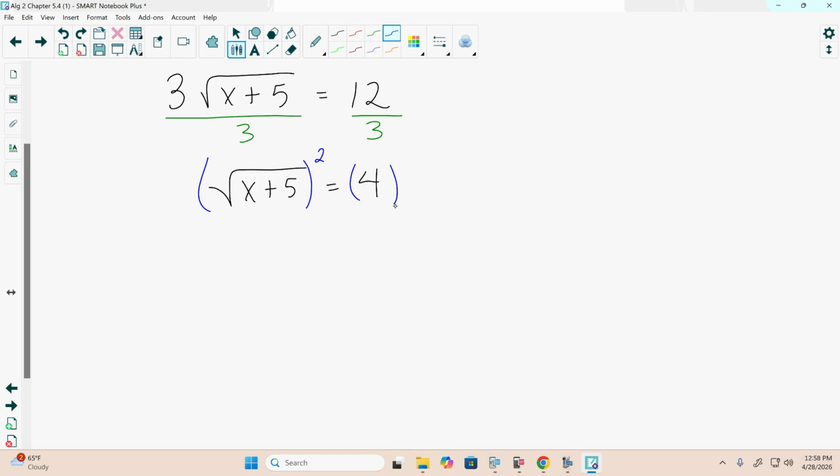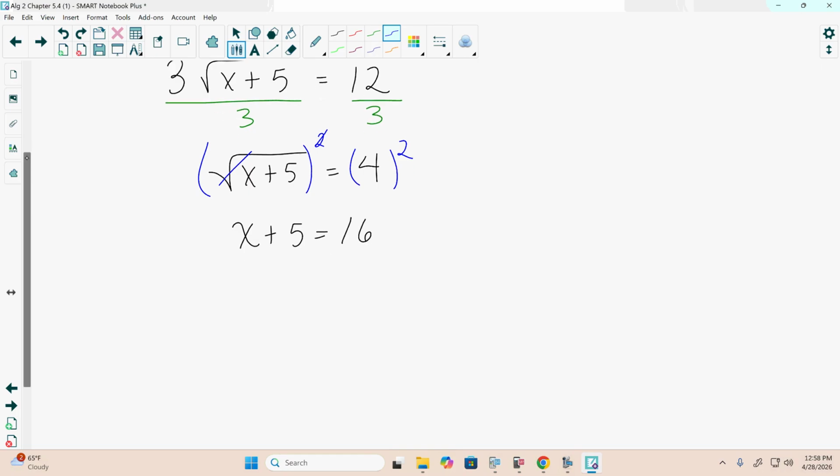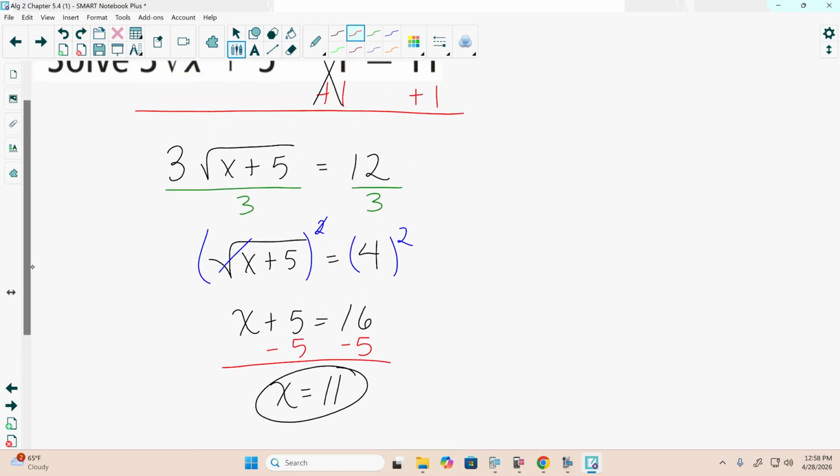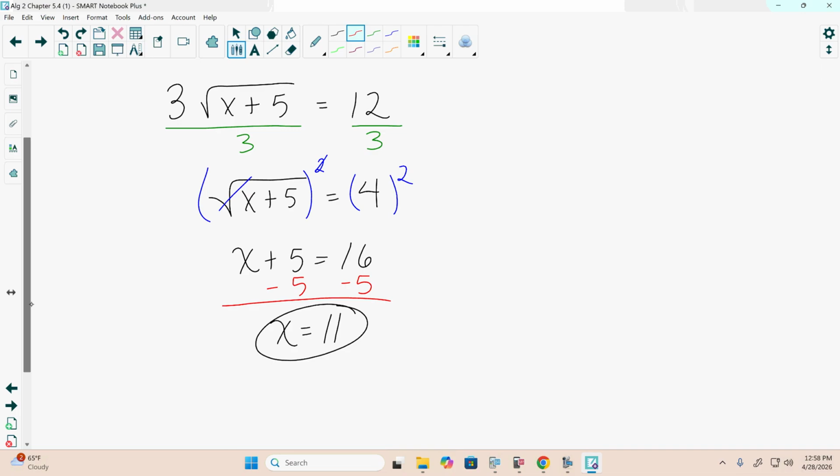Again, we're going to put both sides to the nth power, and that power is 2, so that the square root and square would cancel, telling me x plus 5 is equal to 16. Move the 5 to the other side, and we get x is 21, right? Shouldn't it be 11? We have to subtract. Questions on this here?